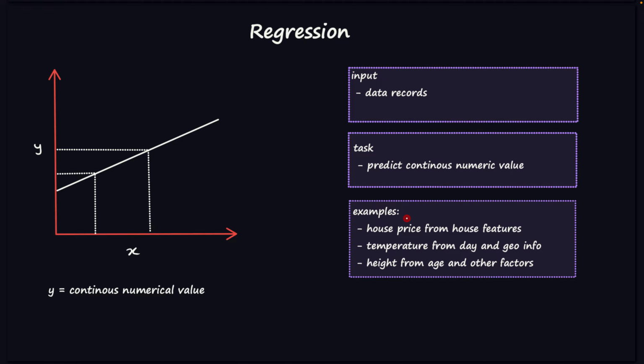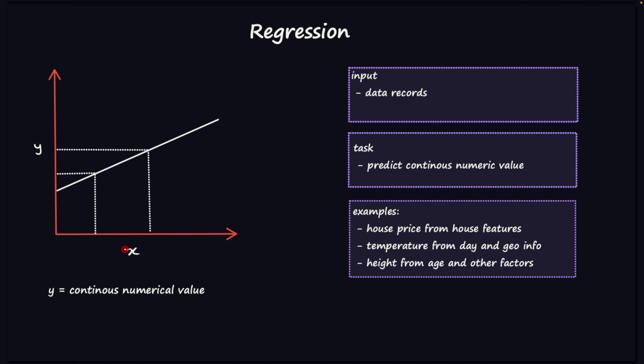Again, this is explained better with an example. Let's say on the x-axis here we have the size of the house and various different aspects of the house. As we go along the x-axis, the house gets better, it is in a better area and so on. On the y-axis we are plotting the price of the house.